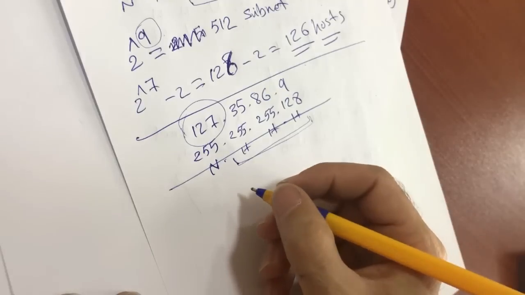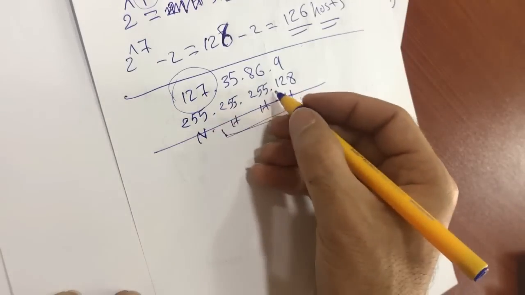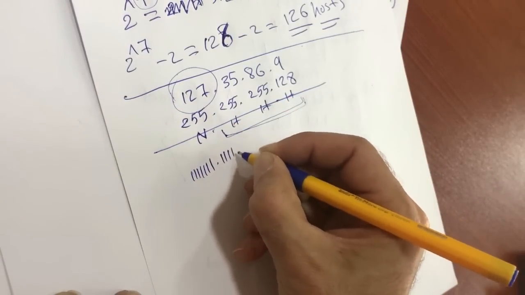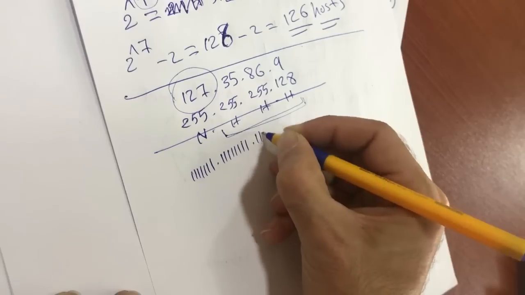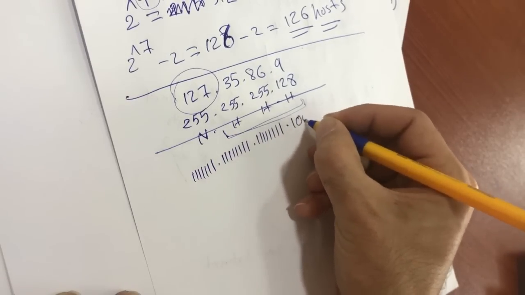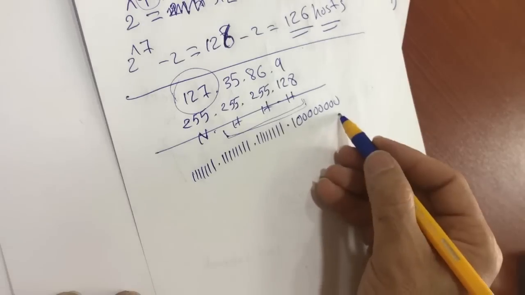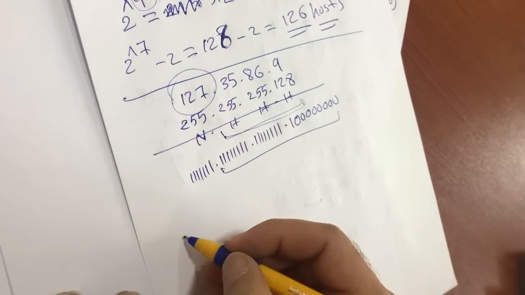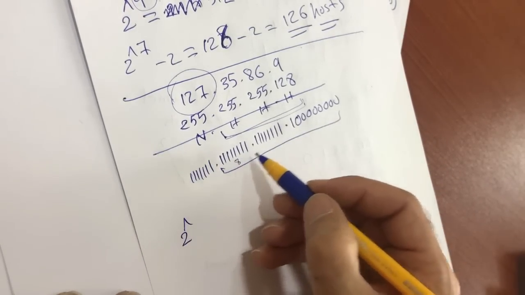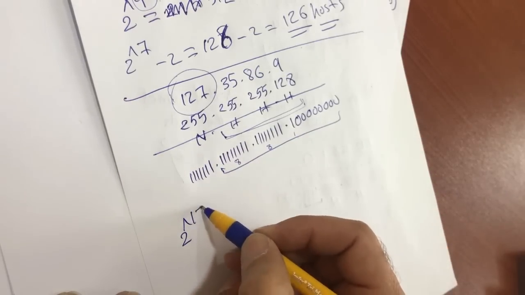So for calculating the total number of subnets, we change these to binary. So our work will be here. For the number of subnets, we have 8, 8, and 1, that is 16, 17.